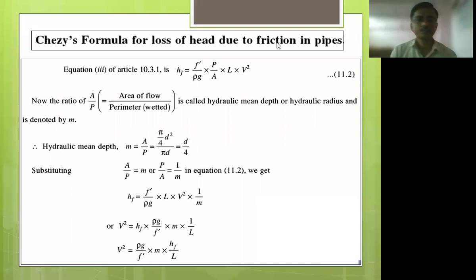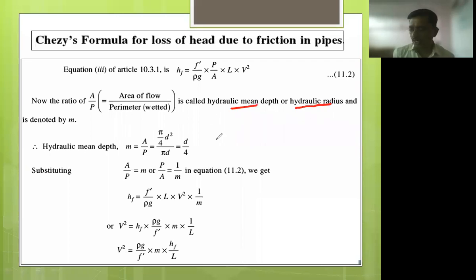Now we know that this A is the wetted area, this P is the wetted perimeter. And this ratio A by P is known as hydraulic mean depth, HMD, or it is also called hydraulic radius.